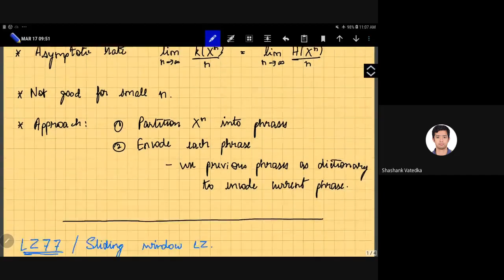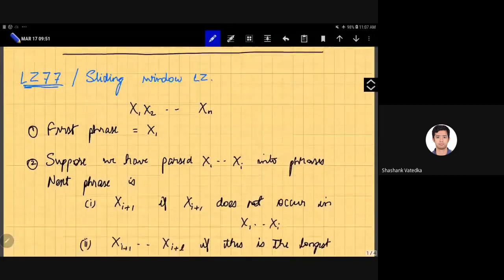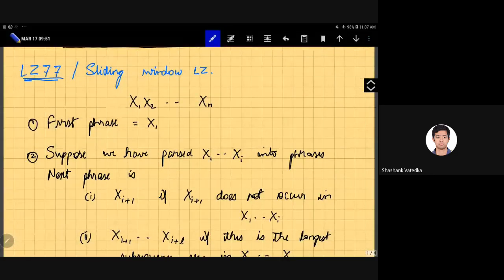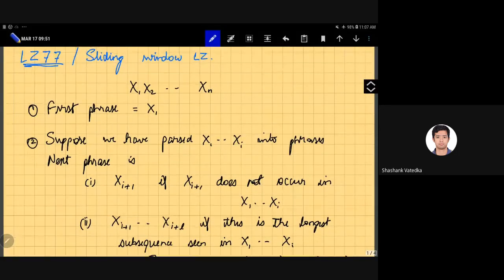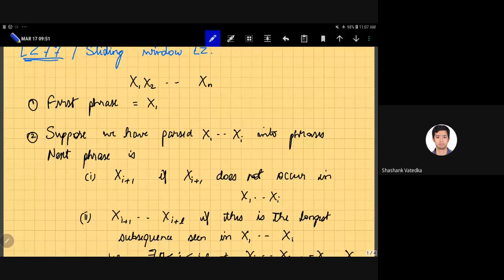Okay, and in the previous class, I had just introduced the LZ77 algorithm, and it works as follows. The way you construct the phrases is the following. The first phrase is always equal to the first symbol, x1, and then we move in a recursive fashion.